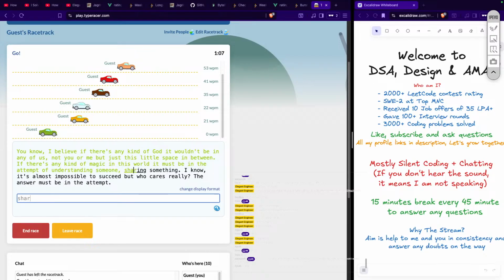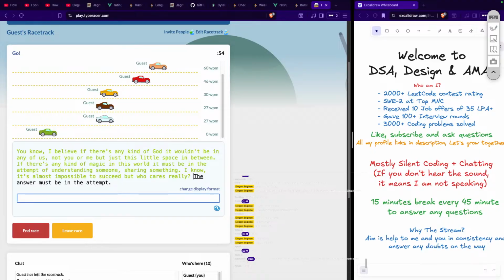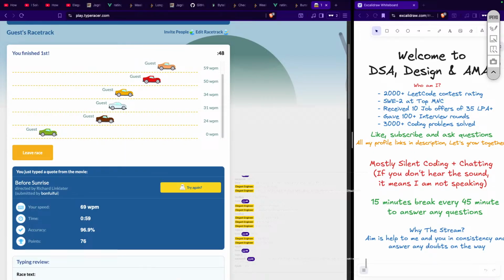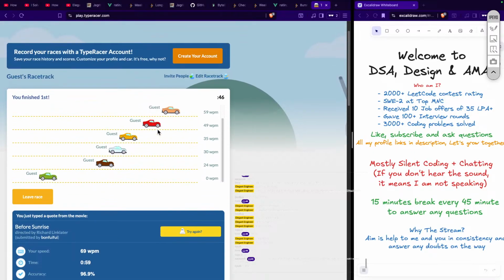This is a nice quote, brother. Something I know. Most impossible speed, but who cares really? The answer must be in the attempt. 59, pretty bad.